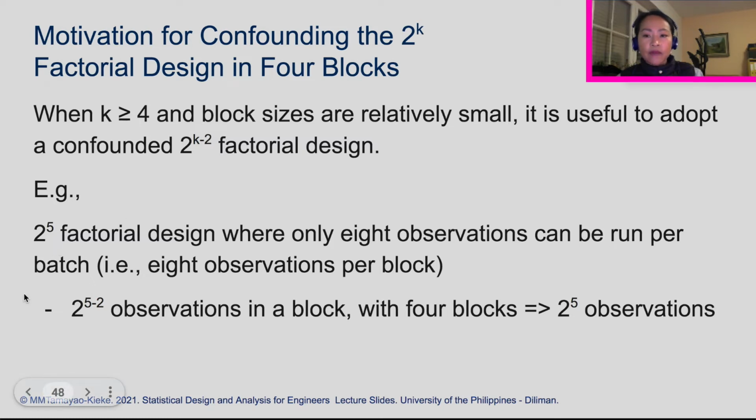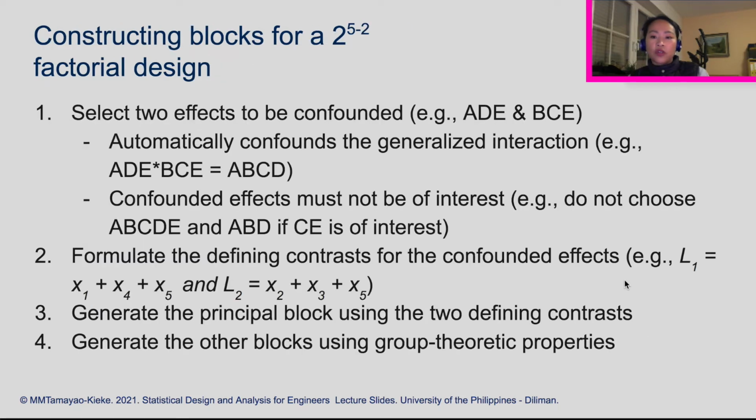So for example, a 2 to the 5 factorial design where only 8 observations can be run per batch, so 8 observations can be run per block basically, it would be logical to have a 2 to the 5 minus 2 design, so 2 cubed observations in a block. With this 2 to the 5 minus 2, you would have 4 blocks, and in total you would have 2 to the 5 observations.